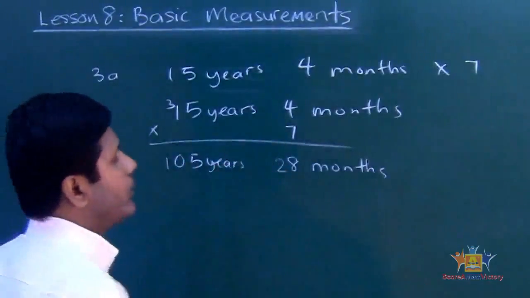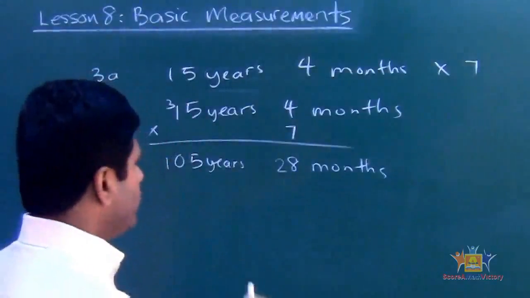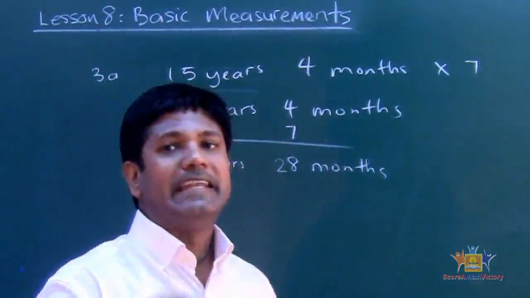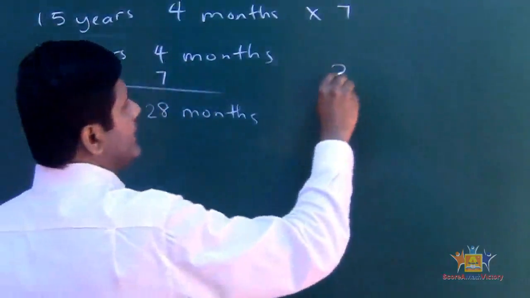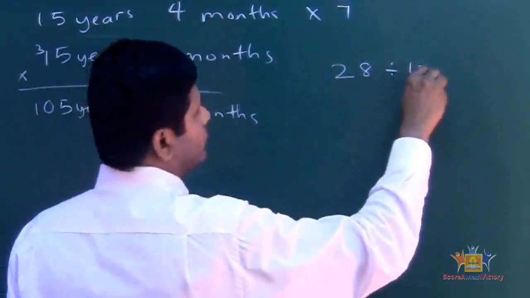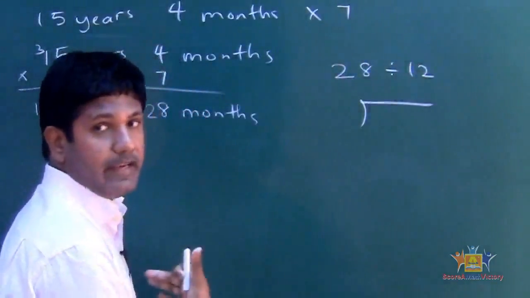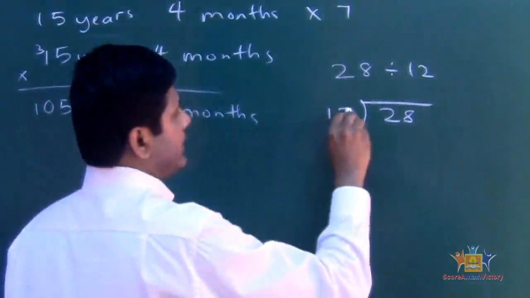So now we're going to convert that 28 months into years. So we know that from month to year, what do we do? We divide that by 12, okay? So that means 28, I'm going to divide that by 12. So I'm going to use the long division method, the cage approach. The 28 I'm going to put inside the cage. The 12 I'll put outside the cage.